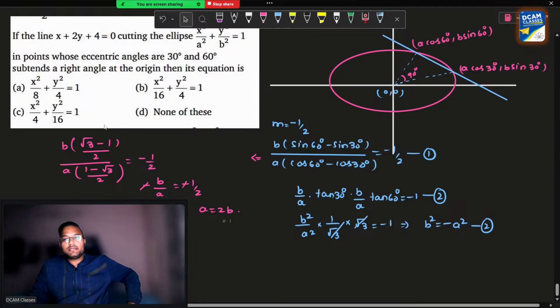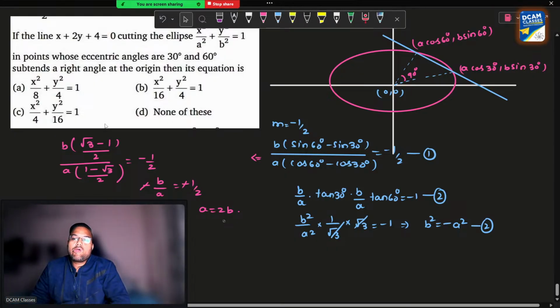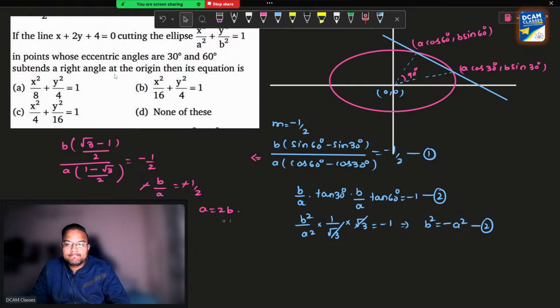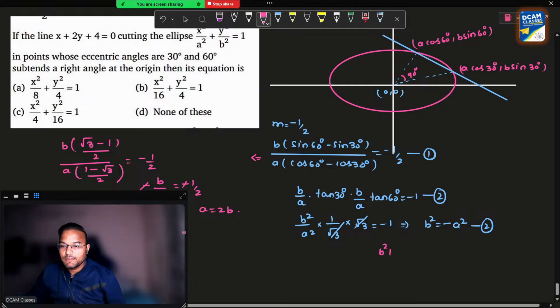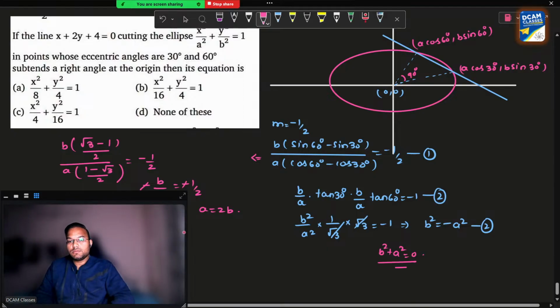There is some mistake in this, I think. We're not getting any relation. According to this, b square plus a square is equal to 0, we are getting. Not possible.